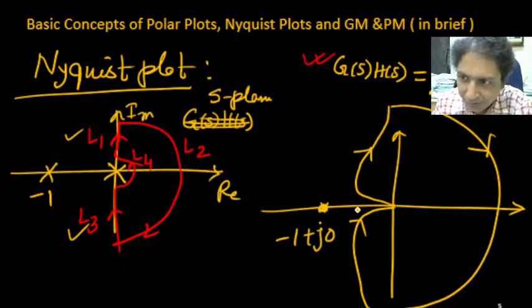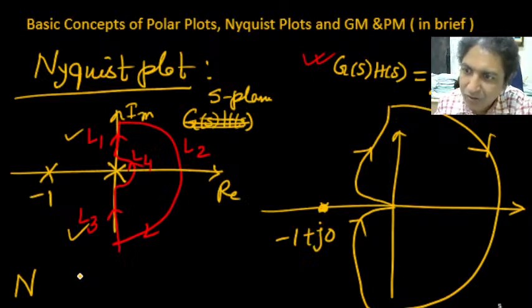Okay. So how many times will this contour enclose this minus 1 plus j0 point? That is your capital N, but it should be anti-clockwise. How many times will it enclose minus 1 plus j0 anti-clockwise?